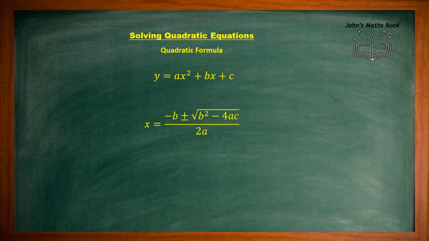Now the formula for doing that is x is equal to minus b plus or minus the square root of b squared minus 4ac divided by 2a. Now in this case, a is the coefficient of the x squared term, b is the coefficient of x, and c is a constant.